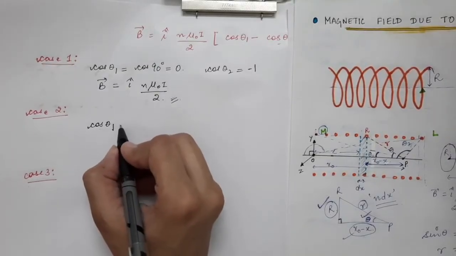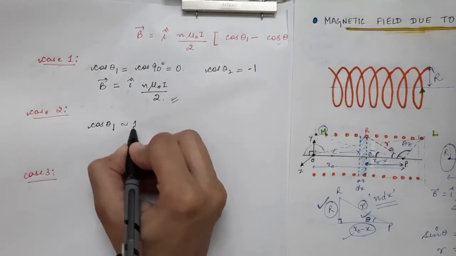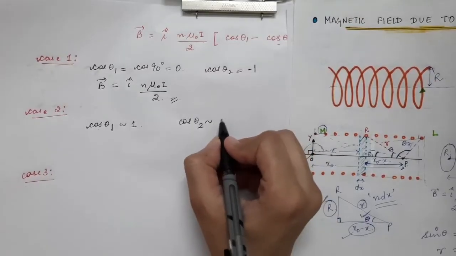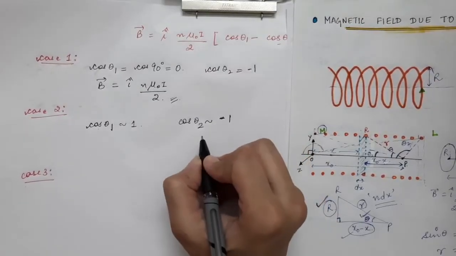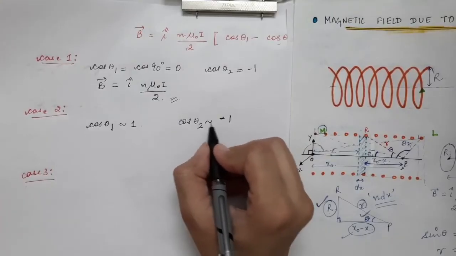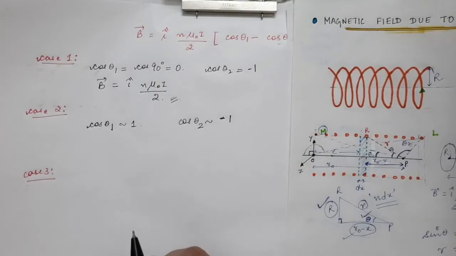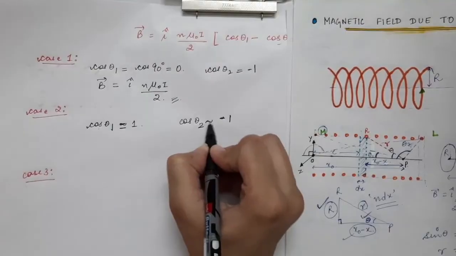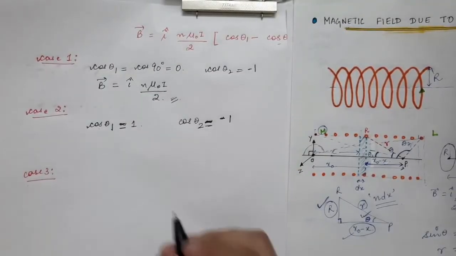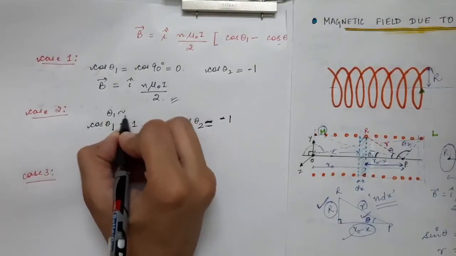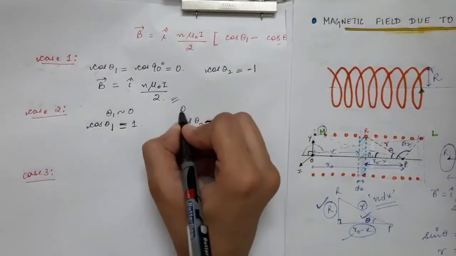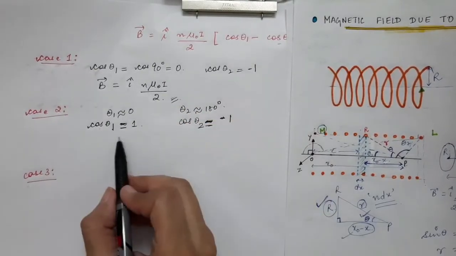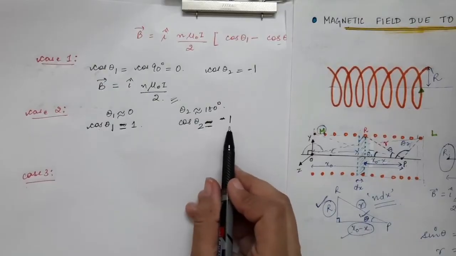So cos of theta 1 means cos of 0 degrees, which is approximately equal to 1, and cos of theta 2 will be equal to minus 1, because theta 2 is equal to 180 degrees.